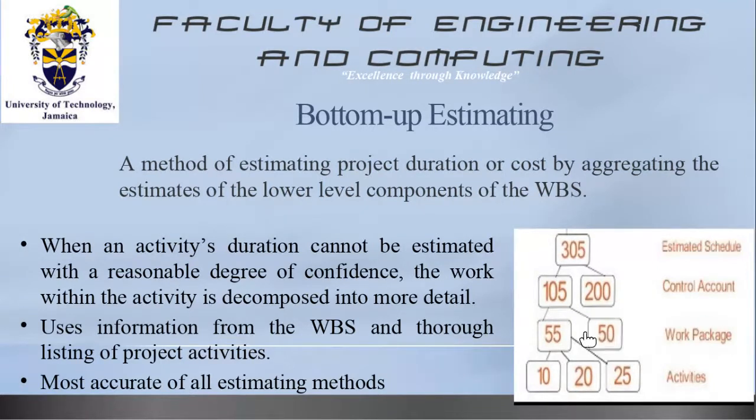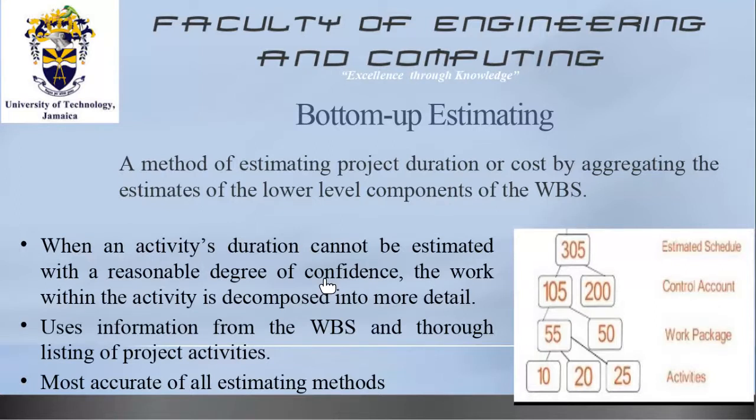Let's just assume when you add up these 2, you get a control account of $105,000. Then there's another control account here that sums up to 200. When you add them both, you have an estimate. Well, not dollars, let's say hours. You have an estimate of the amount of hours that it will take.